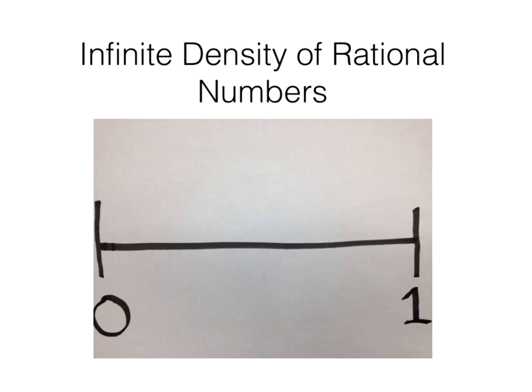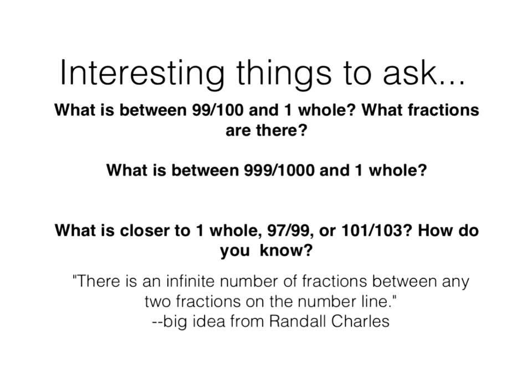But I want them to place those on the number line. I want them to stack equivalent ones above each other. Just some interesting things to ask, but I want them to know that there is space between 99 hundredths and one whole. There's always space, no matter how much fraction you put.